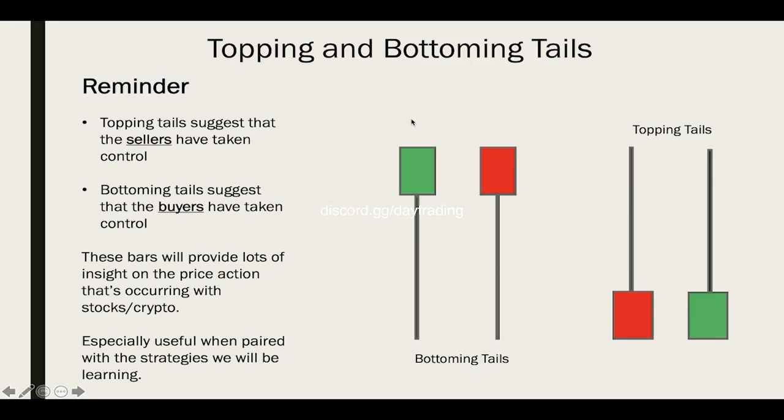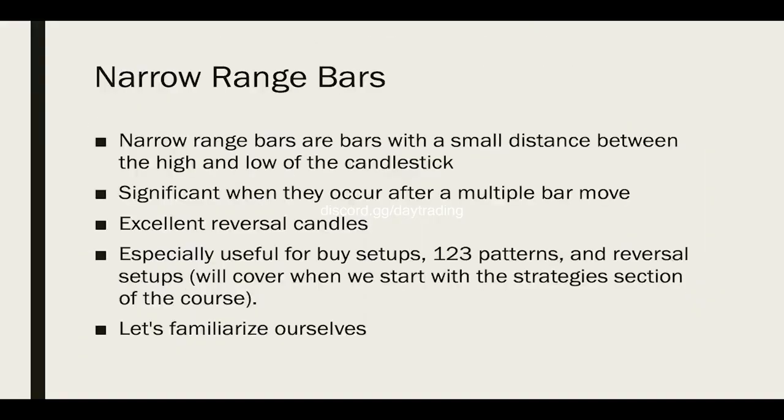These bars are going to provide you lots of insight on the price action that's occurring with stocks or crypto, and it's really useful when we pair these candlesticks with the strategies that we're going to be learning. It's all about pairing things together to create a more potent trading setup.